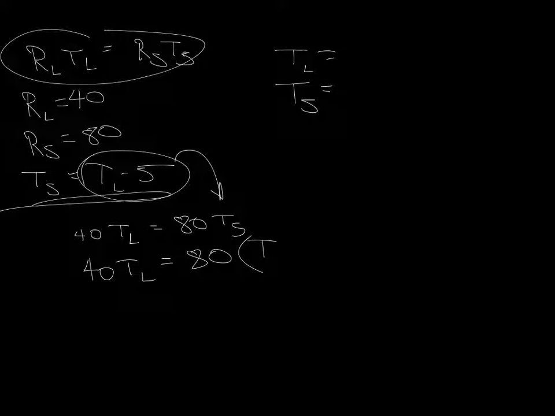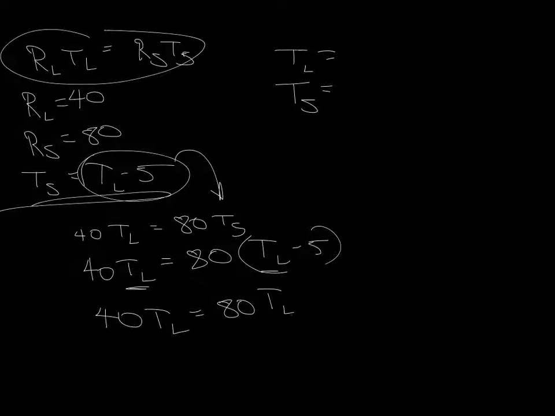Times. Don't forget to put them in brackets so you group them together. Now I have a TL and a TL. So therefore I have the same letter. Makes life so much easier. Distribute the 80. 80 times 5 is 400.